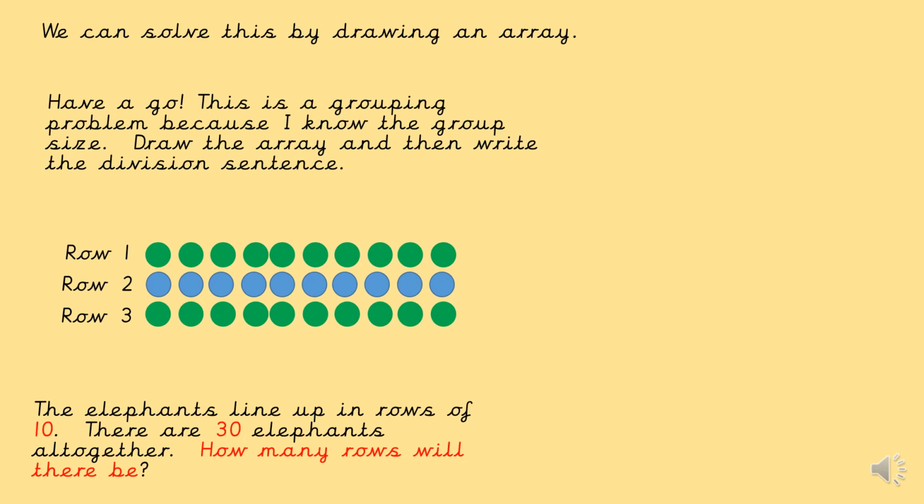I have 30, and the question's asking me, how many rows will there be? There's 3 rows. So 30 divided into groups of 10 equals 3. This was a grouping problem because I knew the size of the group.